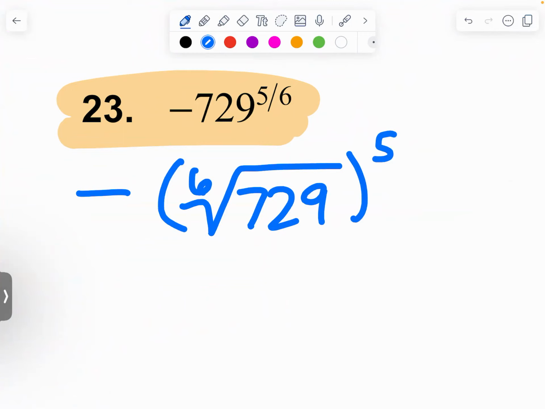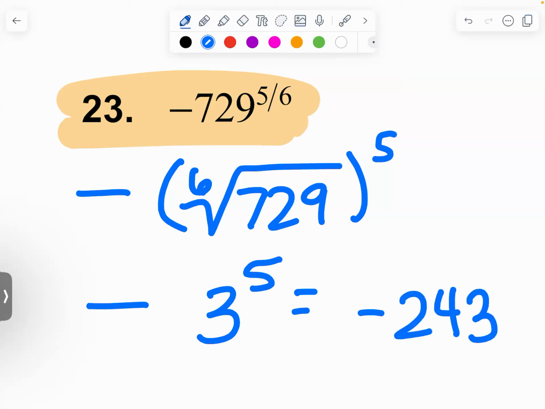If the negative was with the 729, there'd be parentheses. So this is asking us for negative 3 to the 5th, which is negative 240.